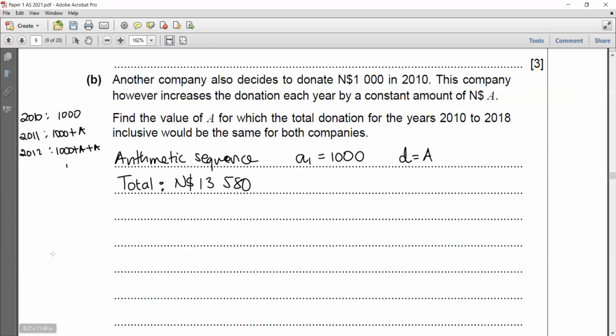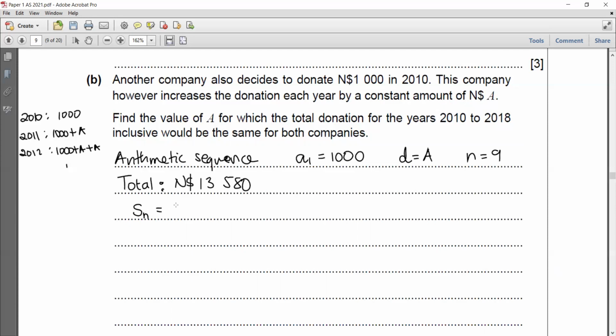Now N is also equal to 9 years, because from 2010 to 2018, that is 9 years, because you've donated in 2010 and 2011. If you count all the years that you have donated in, that is actually equal to 9. Okay, so we know the formula for the sum of the first n terms in an arithmetic progression.